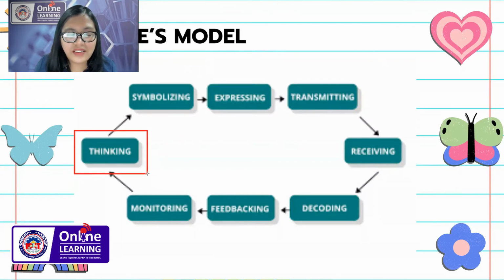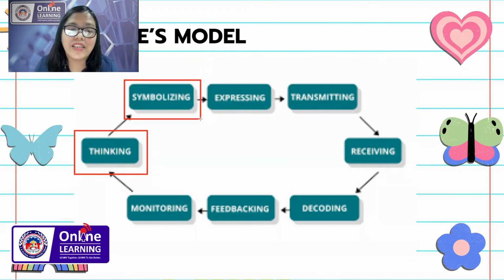First, you should think. Whenever you want to talk with somebody, all we need to do is think. For example, first thing in the morning, you think, what will you do? Then you get a symbol that you will do your modules.